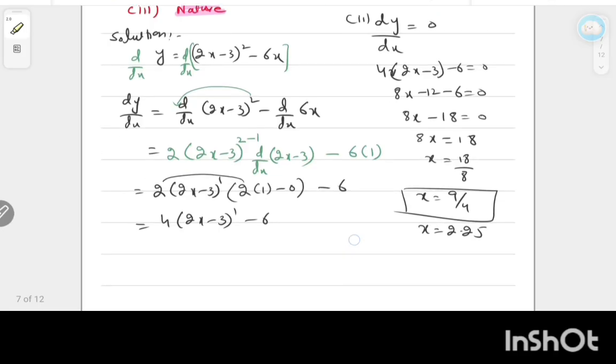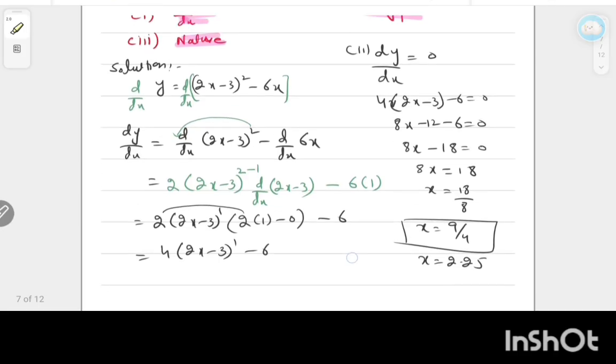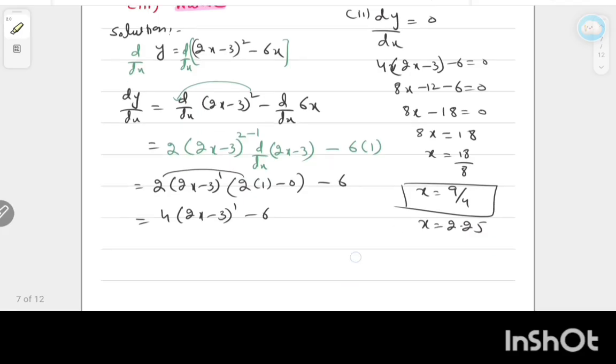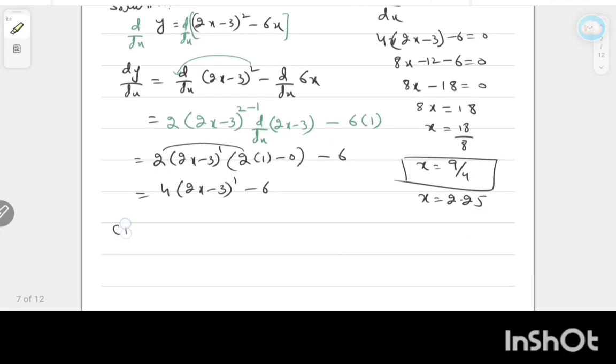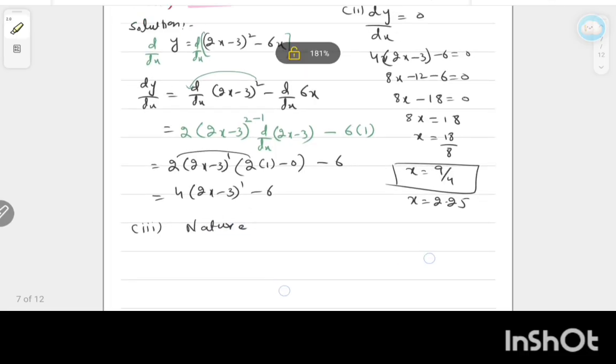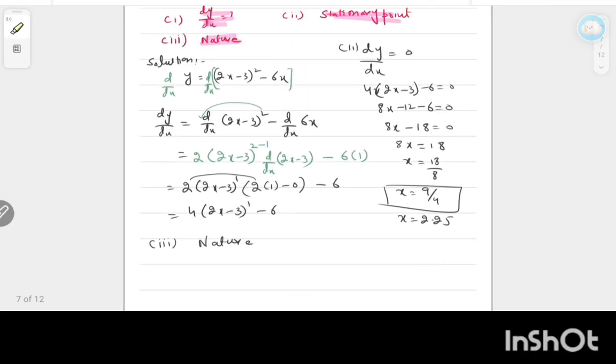Finding the nature, the third part, is very simple. We have to take the second derivative.